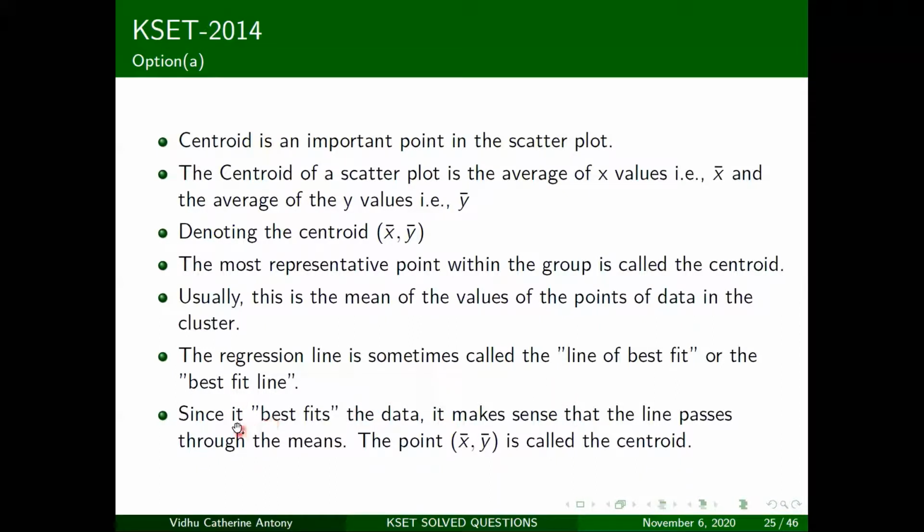What it means is, since it gives you the best fit to all the data, it makes sense that the line passes through the means. So the point x bar and y bar is called your centroid. Statement A is true, x bar and y bar is your centroid. Statement B is true as well, because the centroid actually passes through the line of best fit.